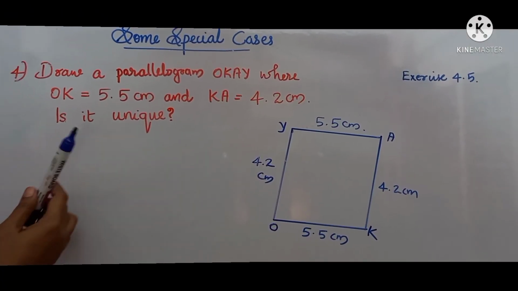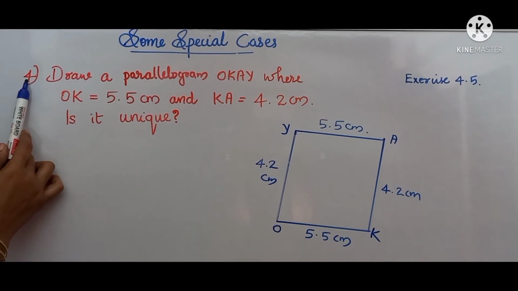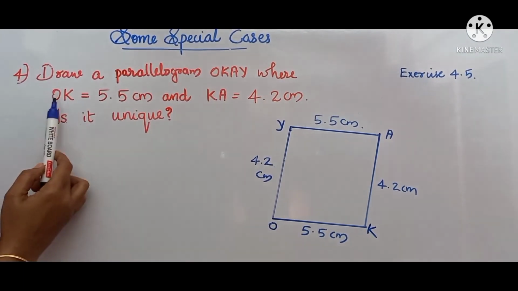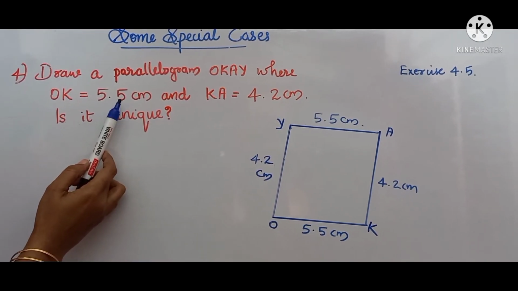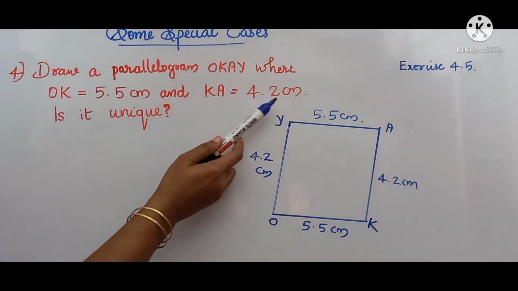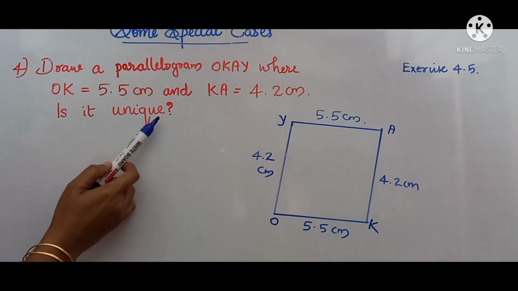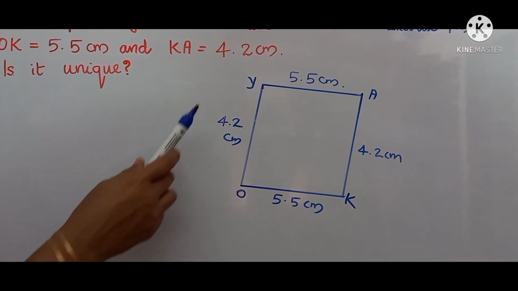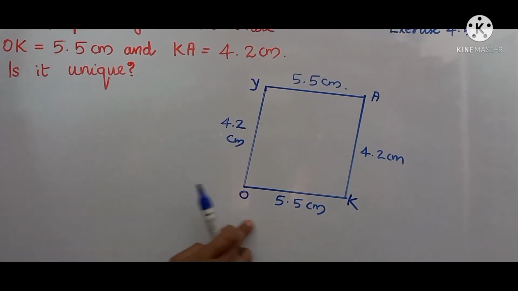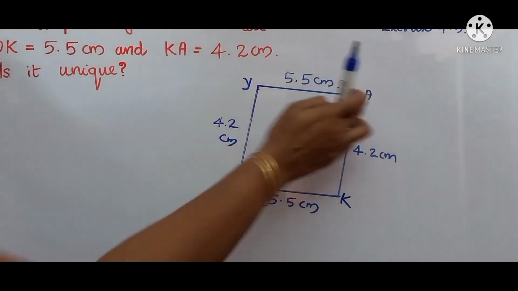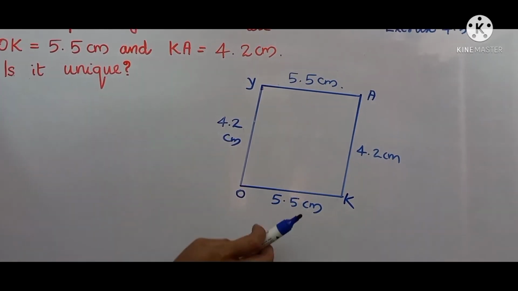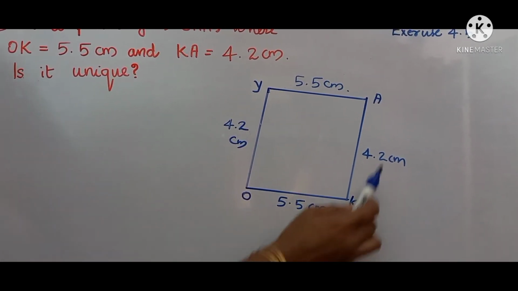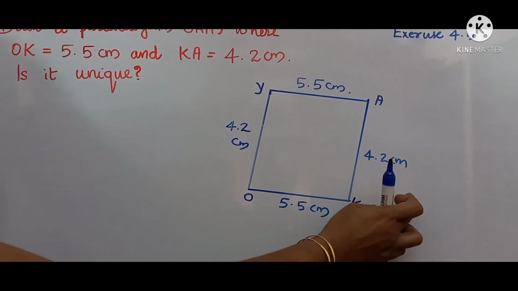We are doing exercise 4.5 problem, the fourth one: draw a parallelogram OKAY, where OK is equal to 5.5 centimeter and KA is equal to 4.2 centimeter. Is it unique? Here I have drawn that rough sketch of that parallelogram OKAY, and here two adjacent sides are given to us, 5.5 centimeter OK and KA 4.2 centimeter.